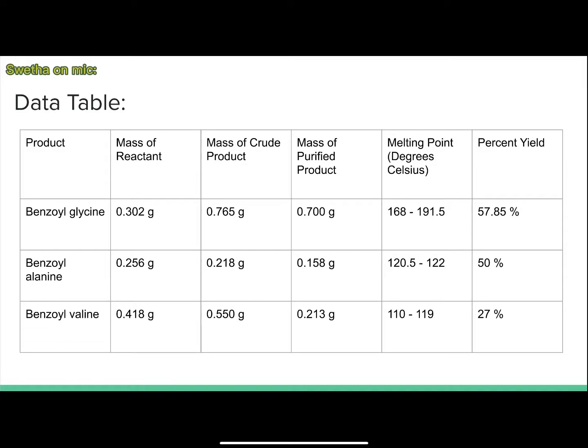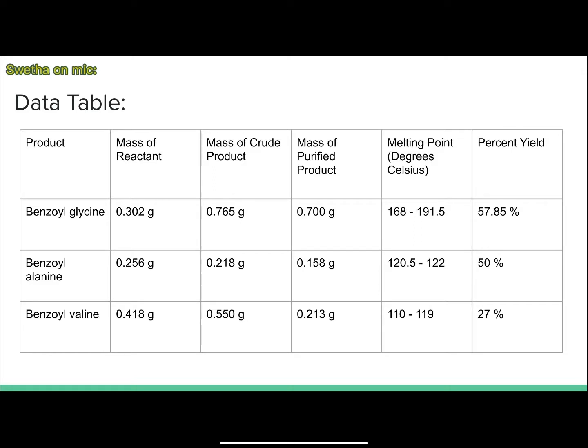For benzoyl alanine, the mass of the reactant was 0.256 grams, the mass of crude product was 0.218 grams, and the mass of purified product was 0.58 grams, with an overall percent yield of 50%. The melting point was within 120 to 122 degrees Celsius.